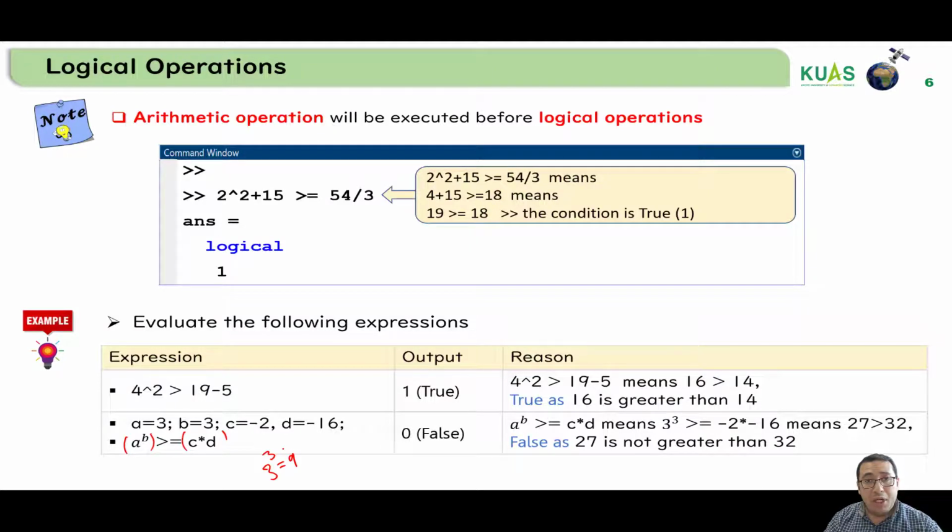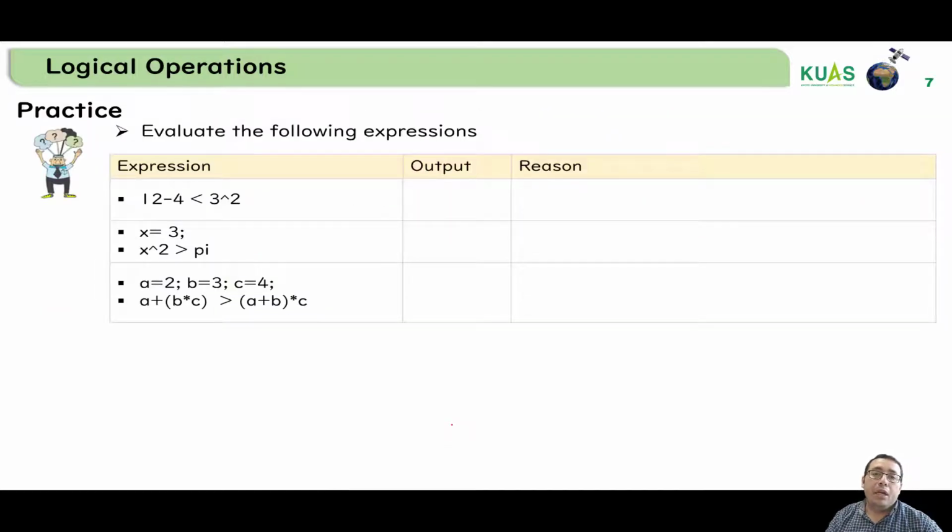And c multiplied by d means minus 2 multiplied by minus 16, so the answer is 32. The question is, is 27 greater or equal to 32? The answer is false, because 27 is not greater than 32. You can pause the video now and try to solve this before I explain it.